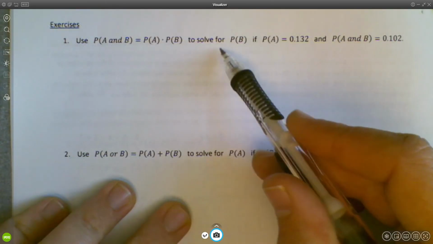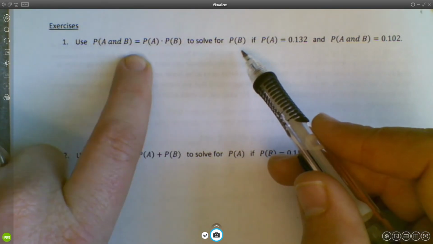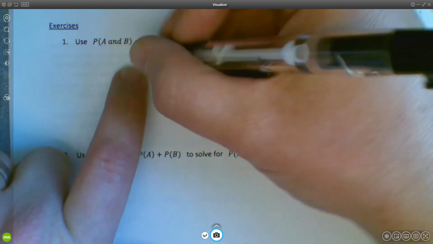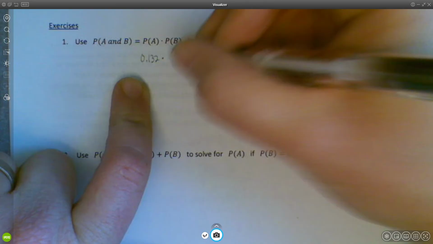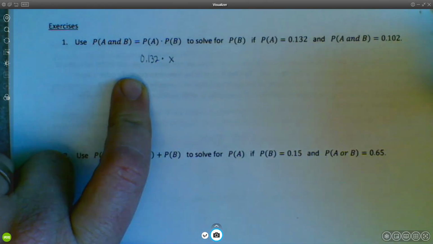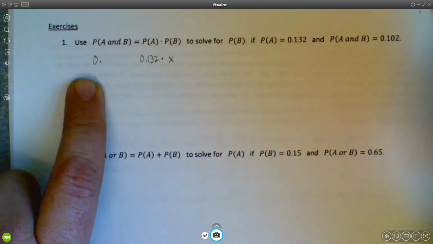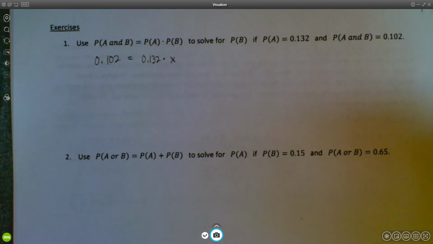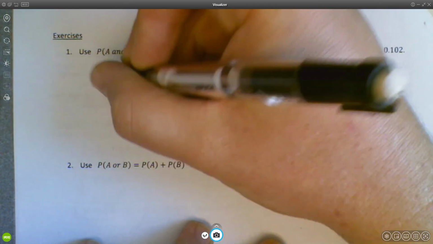So number 1, we're supposed to solve for probability of B using this formula. We're told that probability of A is 0.132, so I'm going to replace that here. Probability of B, I'll just call that X, I suppose. Probability of A and B, we're told, is 0.102. So this is what we've got. So if I want to get X by itself, I'm going to divide now by 0.132.